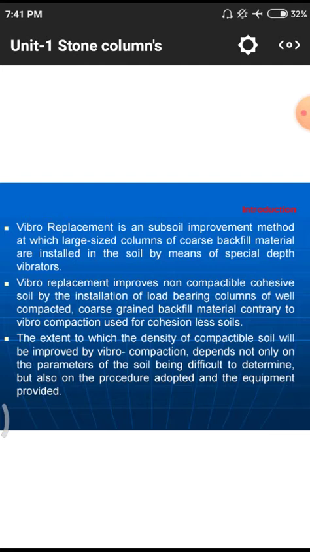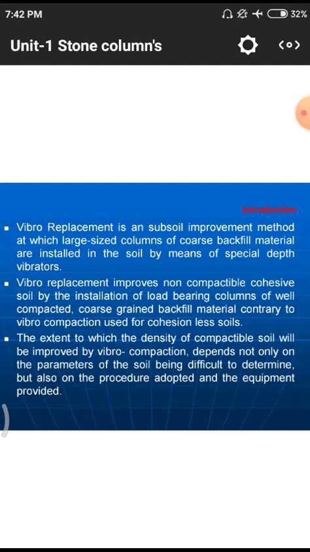Next, vibro replacement improves the non-compactable cohesive soil by the installation of load bearing columns, by compaction. Normally compaction is used to densify the particular soil.